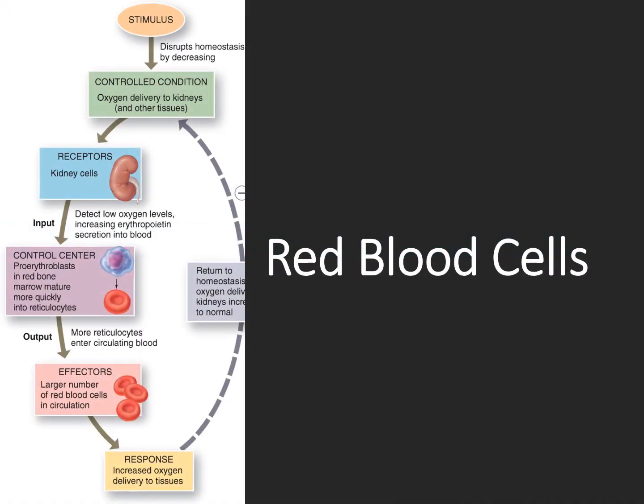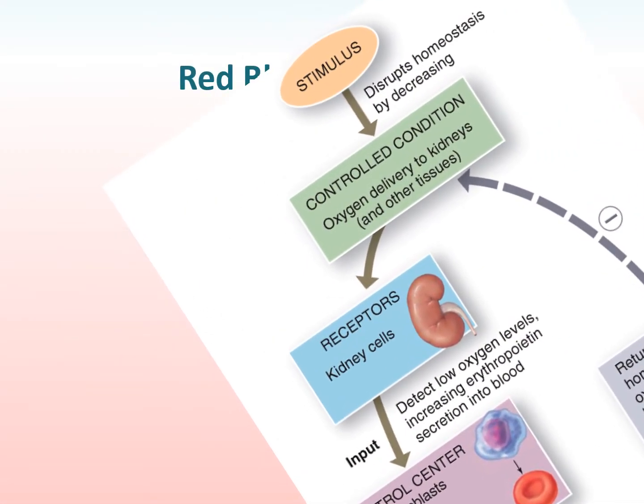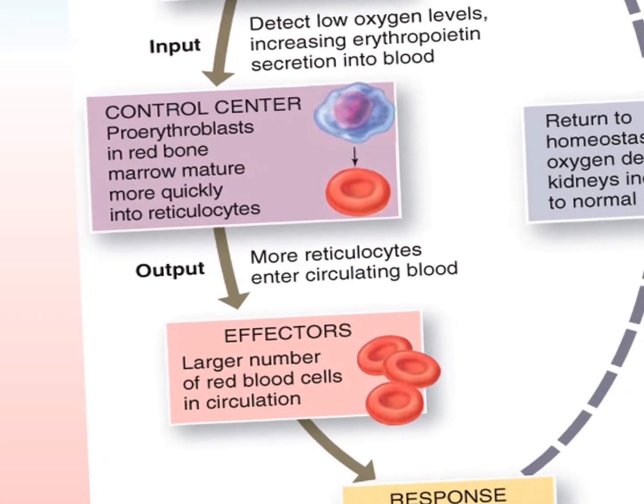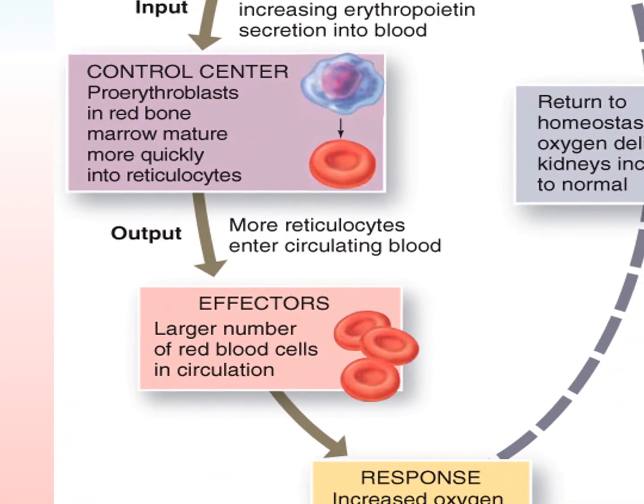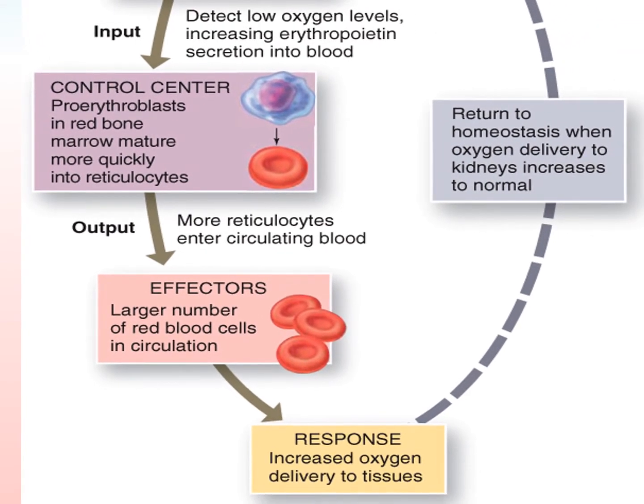Erythropoietin is made by the kidney and also the liver. And it causes us to make more red blood cells. More red blood cells means more oxygen carrying capacity.